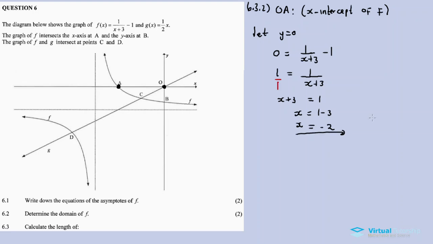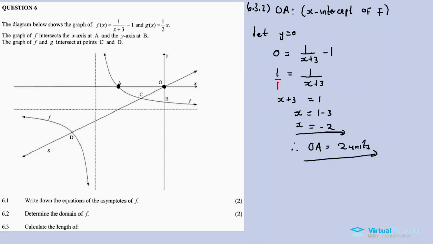So this is our answer, negative 2. But therefore, since we calculated the length OA, OA is equal to 2 units.